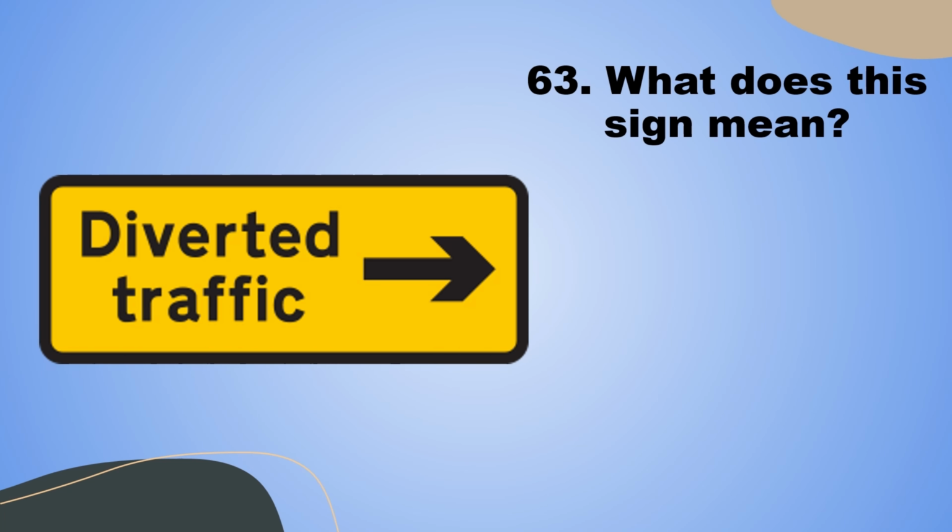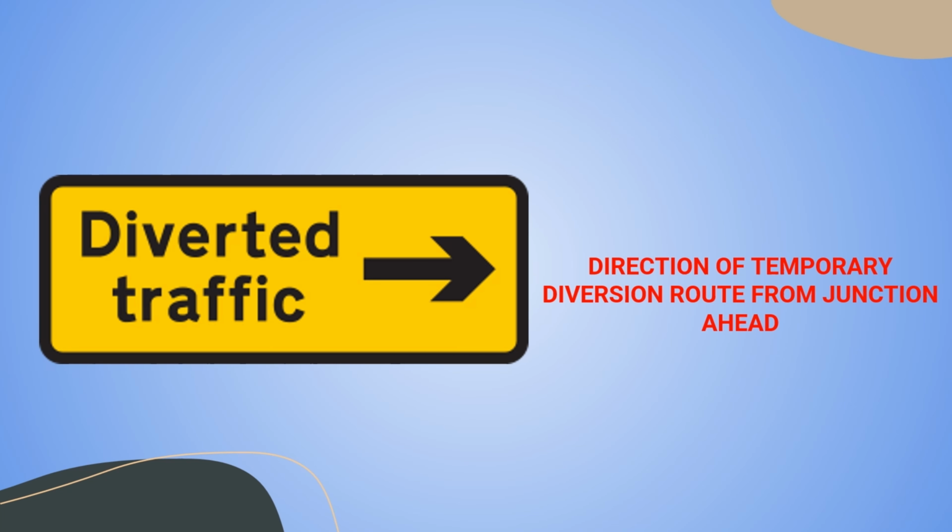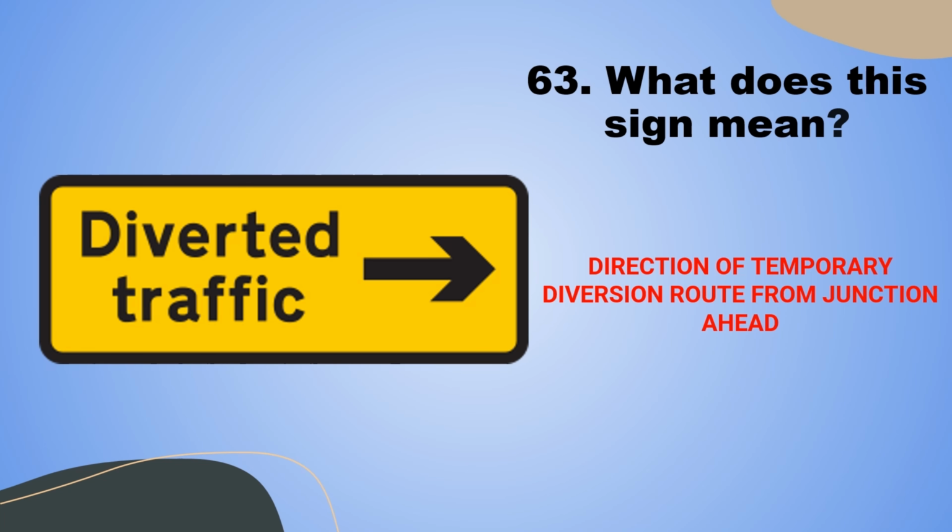What does this sign mean? Yellow. This sign means direction of temporary diversion route from junction ahead. You can have a look here, yellow color, and it says on the sign, diverted traffic. And obviously you need to follow the arrow. Next question.